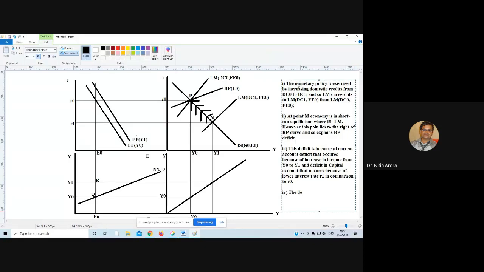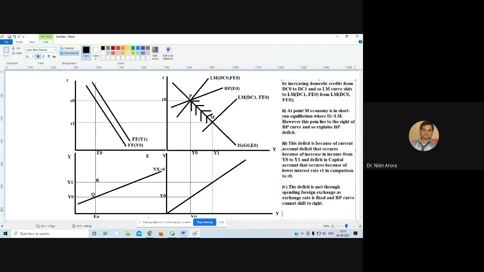The deficit is met through lending foreign exchange, as exchange rate is fixed and BP curve cannot shift to right. So what happens?